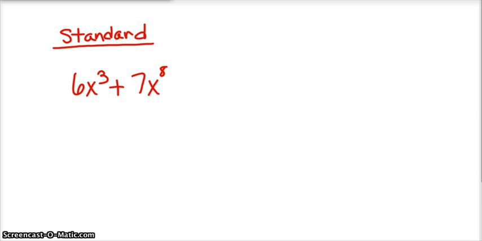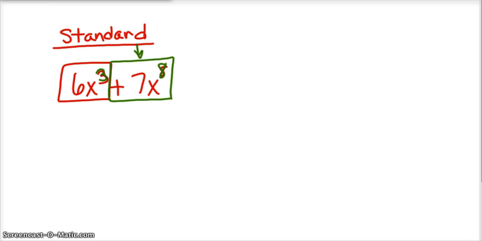Which of these terms, I'm going to put the first term in red and the second term in green. Which one of them has the variable with the highest exponent? The 8 is a higher exponent than a 3. So when we talk about standard form, you're going to reorder these 2 monomials, referring to them as a binomial, meaning 2, so that the one with the highest exponent comes first.